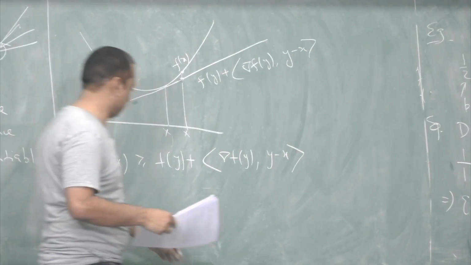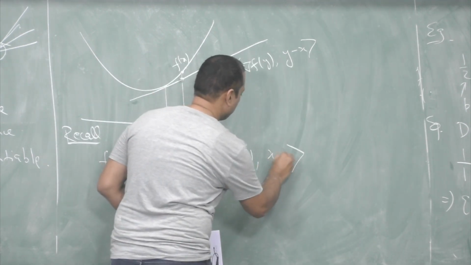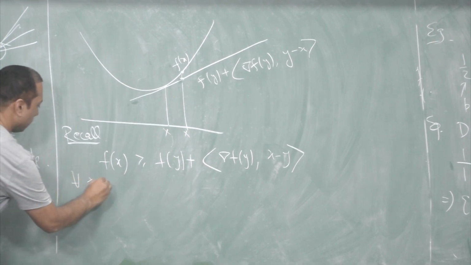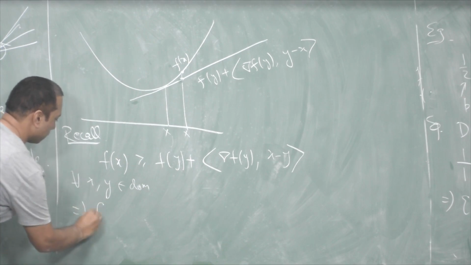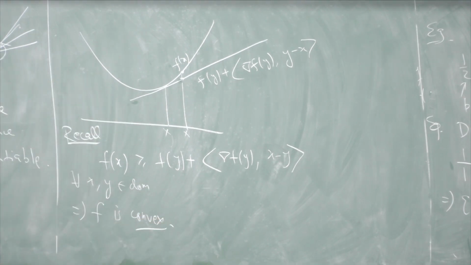There is a flip here, so it should be x minus y. If this is true for all x and y in the domain of f, then it implies f is convex. We did this in the last class: if f is differentiable and satisfies this inequality for all x and y, then it necessarily characterizes convexity.